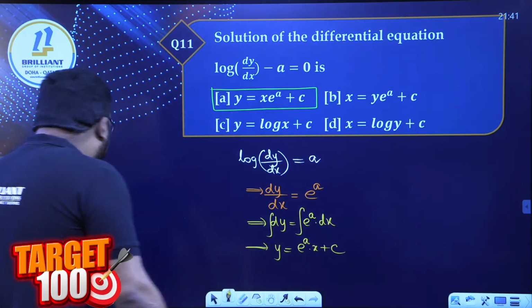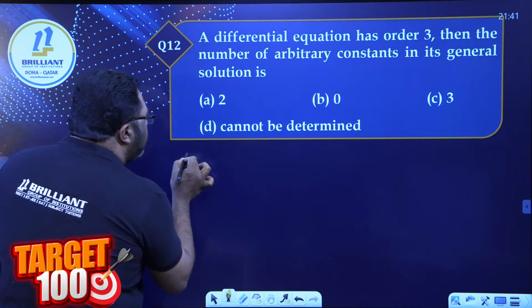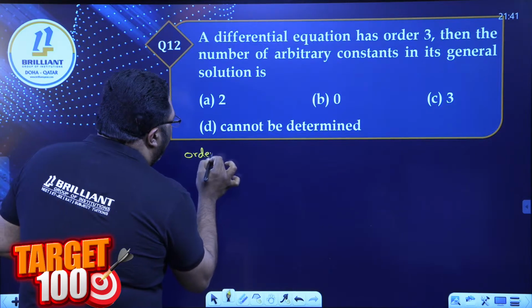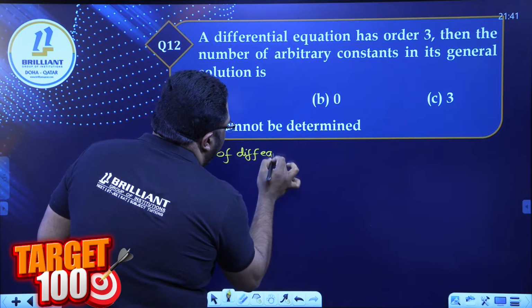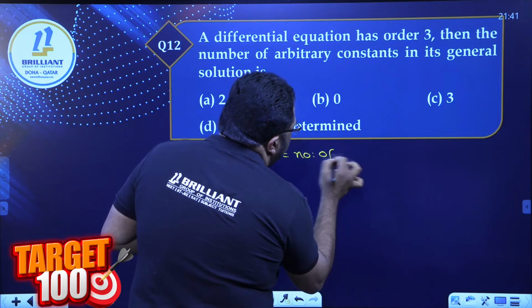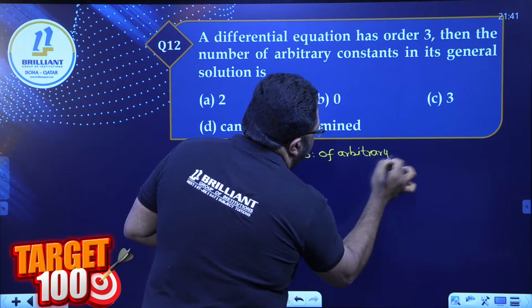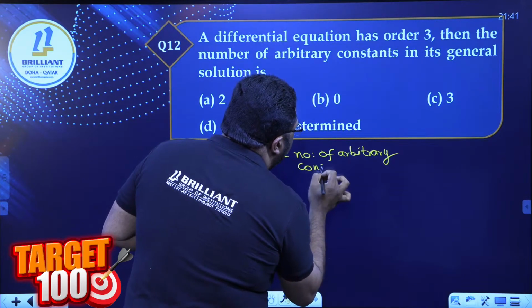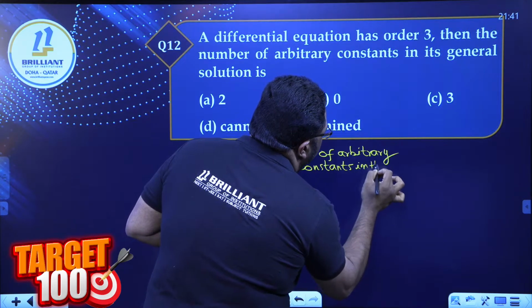So the relationship between the order and the number of arbitrary constants is: order of the differential equation equals the number of arbitrary constants in the general solution.